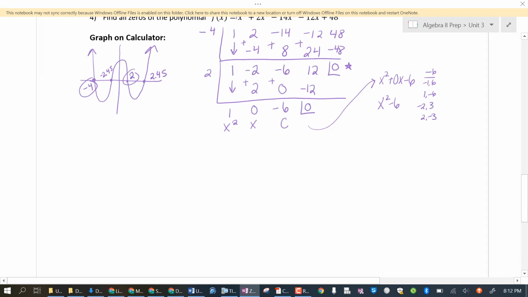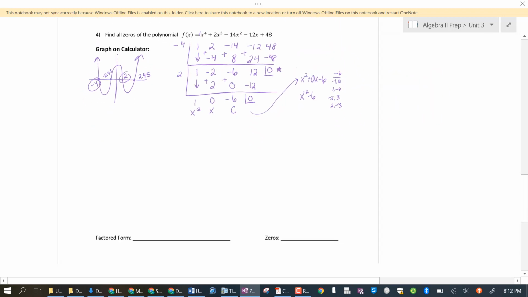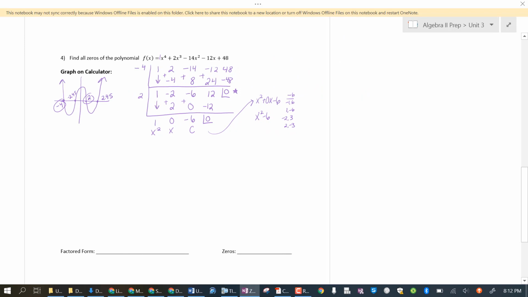So where's my factored form? All the way down here. Okay, so factored form. So I have -4, so it's going to be x plus 4. I have +2, so it's going to be x minus 2. Let's zoom in and write this a little bit smaller.